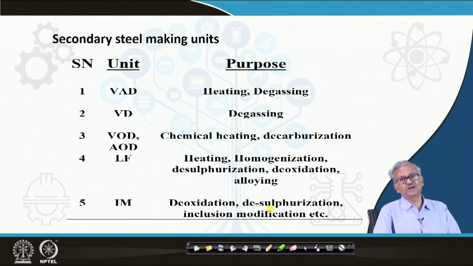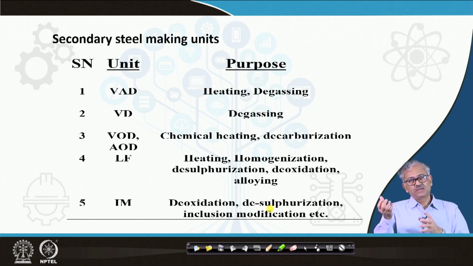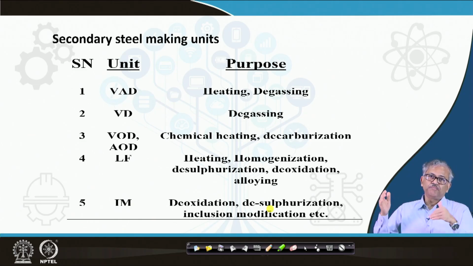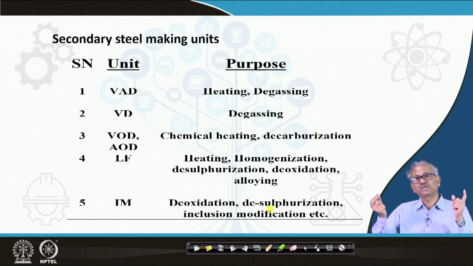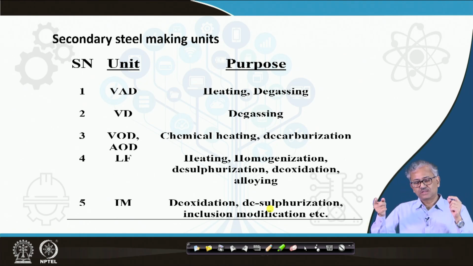That is also a technique of how you can inject. You can inject the powder by submerged lance injection with a carrier gas, through a submerged lance, or sometimes you can do it by what is called cored wire injection. Cored wire is nothing but a hollow cylinder in which you can pack the powder, and it looks like a rod or wire, and then you can feed the wire by a mechanical system.